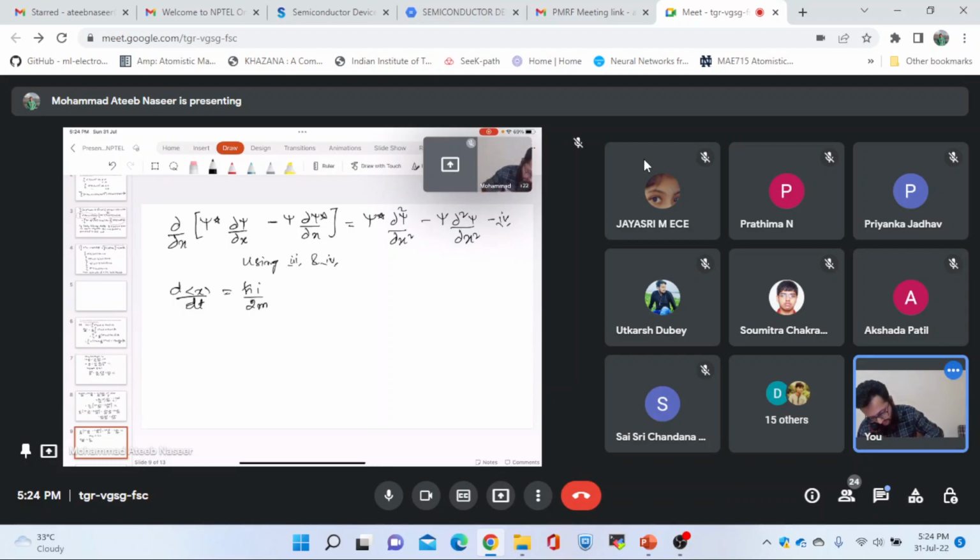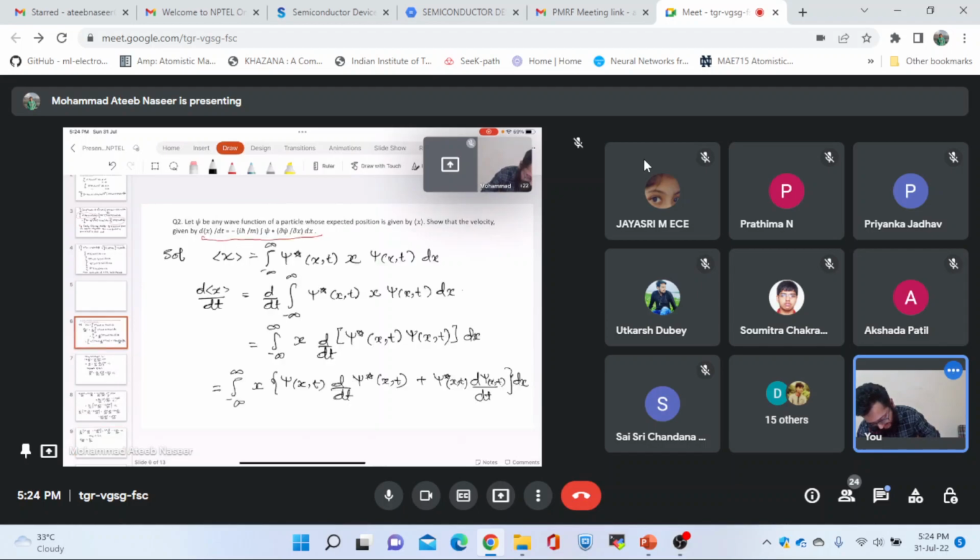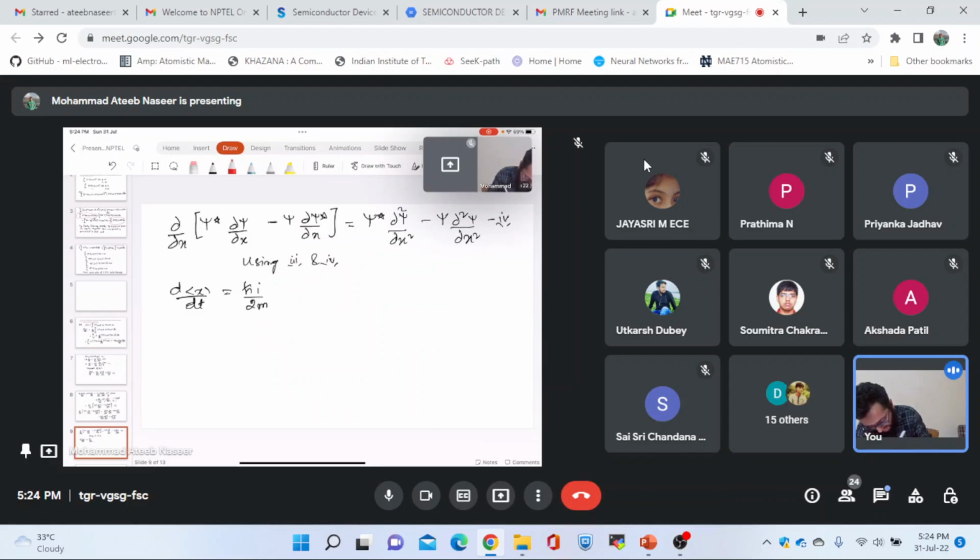We will simply replace the quantities here, and we will get the simplified integral from minus infinity to infinity, with ∂/∂x of the term ψ* ∂ψ/∂x minus ψ ∂ψ*/∂x. So this is what we will be getting here.